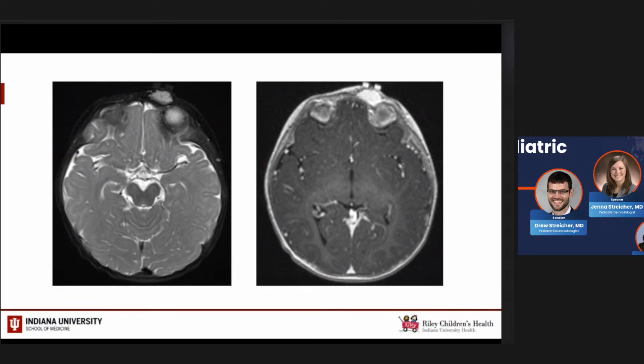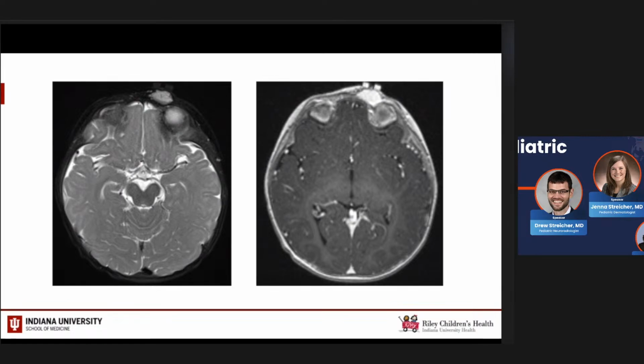Okay, so with infantile hemangiomas, very characteristic look on imaging. The left image is our axial T2 weighted sequence, fat suppressed. So we really have nice lesional conspicuity of this lobulated T2 hyperintense lesion in the left inferior frontal scalp, kind of superomedial periorbital region.